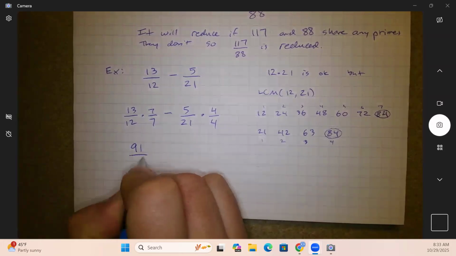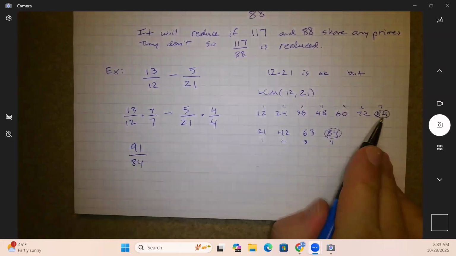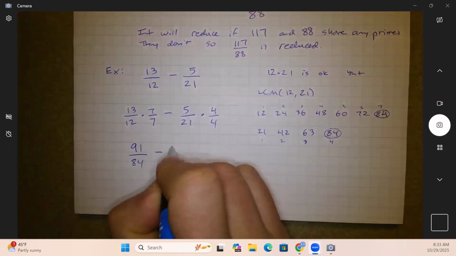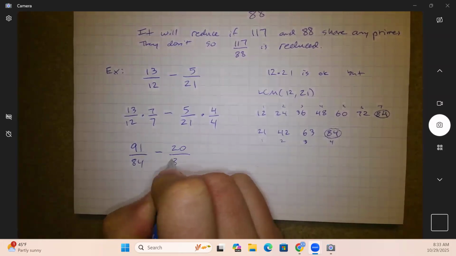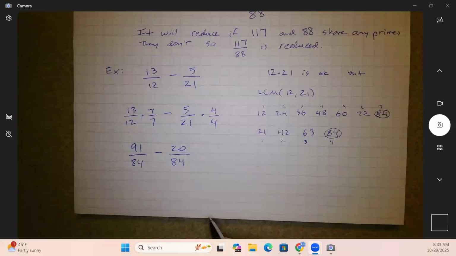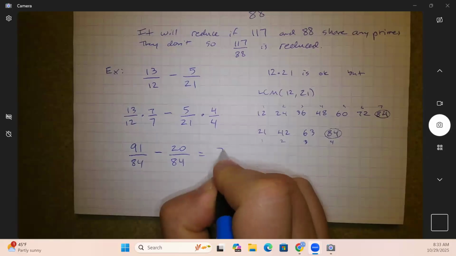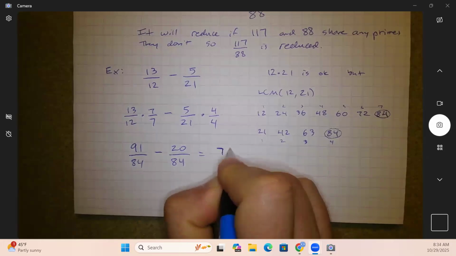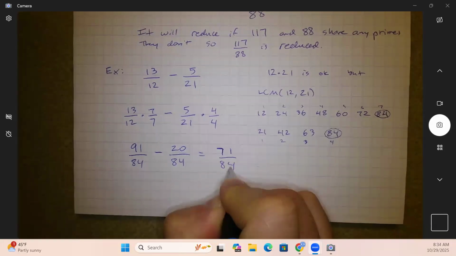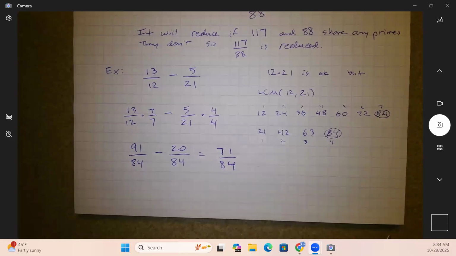And I know the bottom has to be 84 because that's exactly what I built to. And then it's going to be minus 20 over 84. And I get 71 over 84. And I have to ask myself, does that reduce? It will reduce if they share any primes, but I'm here to tell you that 71 itself is a prime, so it doesn't reduce.